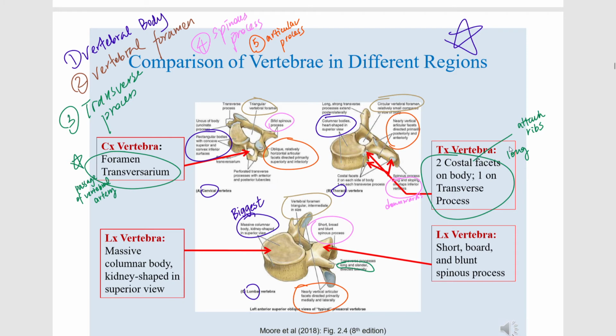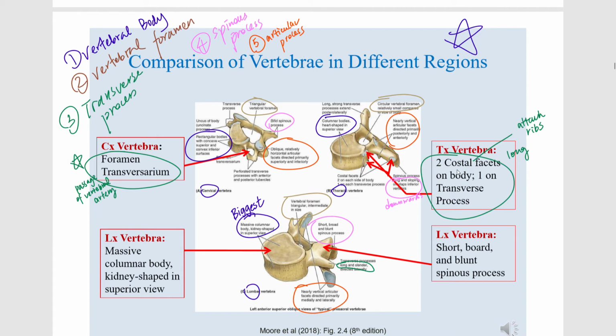For the thoracic vertebrae, it includes a total of three parts. The first is the two costal facets. Facet means the region with attachment of ribs.